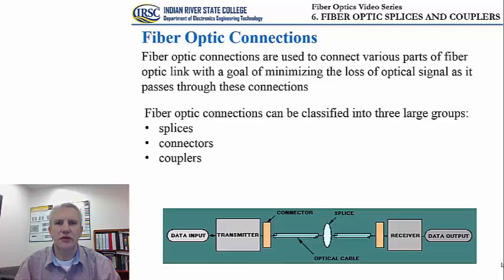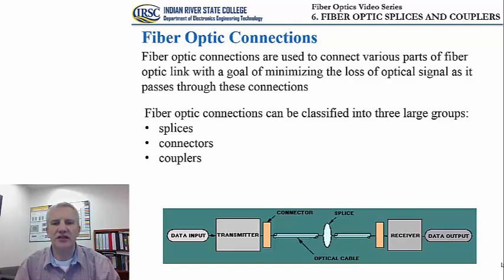multiple ports. So once more, as a review from the last lecture, fiber optic connections are used to connect various parts of a fiber optic link with a goal of minimizing the loss of optical signal as it propagates through these connections.